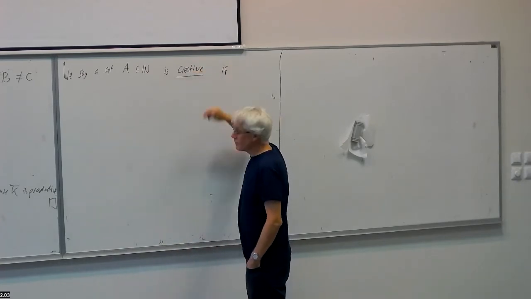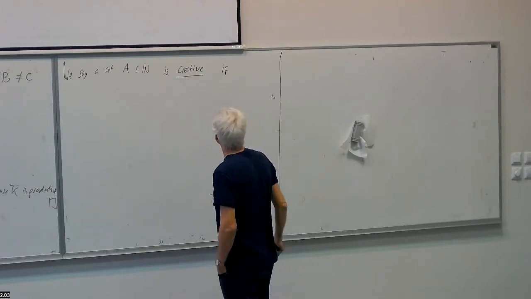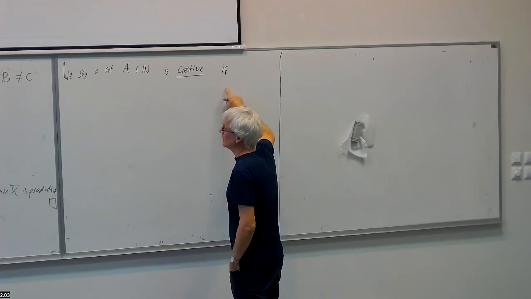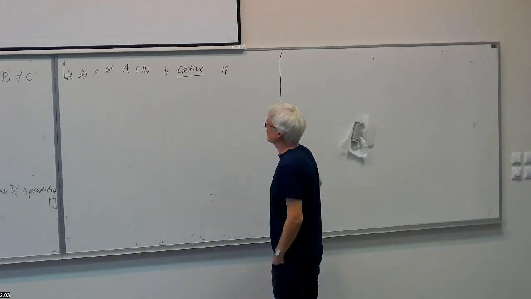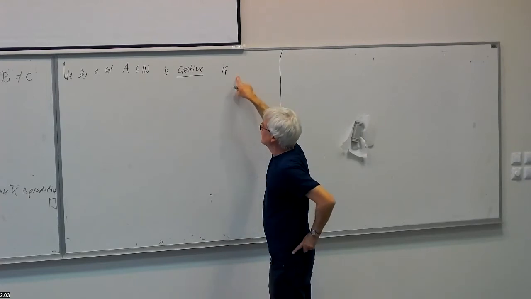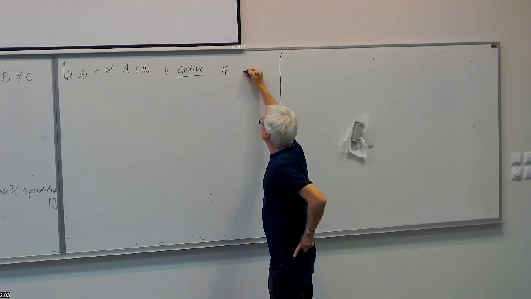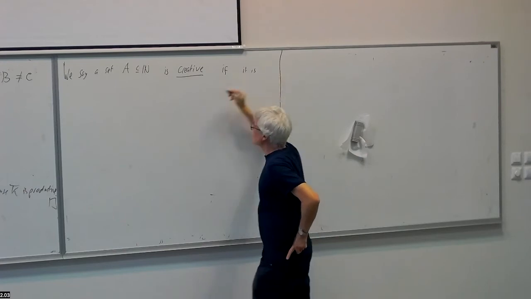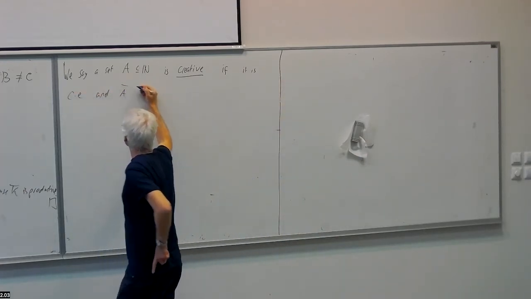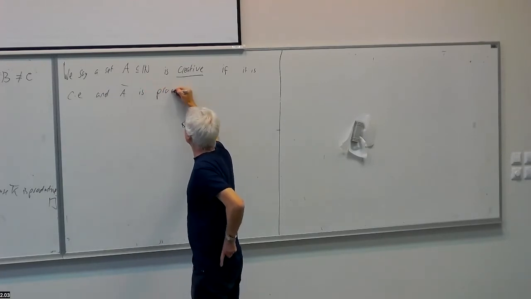So there's creative terminology going on in computability theory. There are lots of strange names for things. Productive is not so unreasonable a name because you're sort of producing an element that's doing something. Anyway, we say A is creative if it is computably enumerable and its complement is productive.